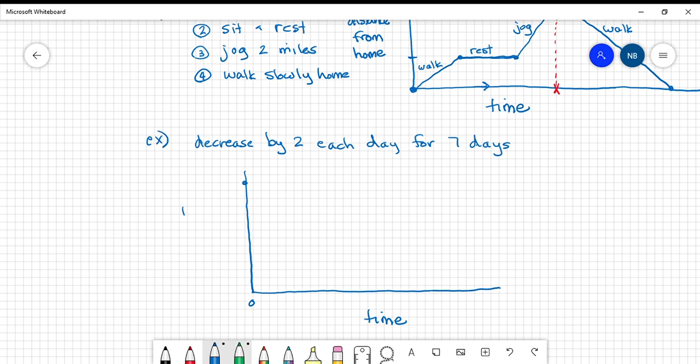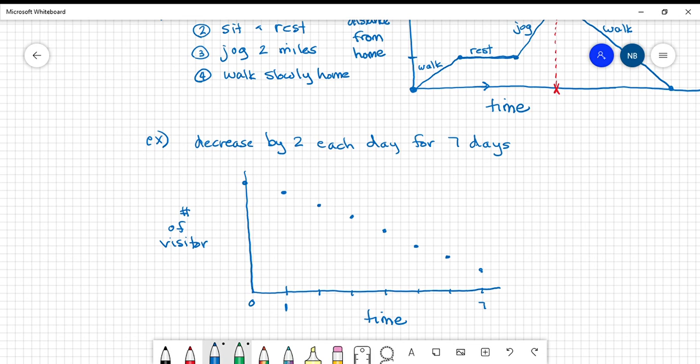So this is number of visitors. We start out with a certain number of visitors. Then one day goes by and I have 2 fewer visitors. Another day goes by, and I again have 2 fewer visitors. Another day, 2 fewer. Another day, 2 fewer. Another day, 2 fewer. How am I doing? 1, 2, 3, 4, 5, 6. This is the 7th day, and I have 2 fewer visitors.